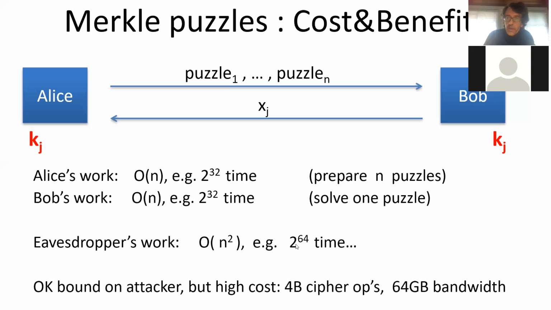Can I improve this so that I somehow rearrange this, or I repeat this, or I combine this in some other way, so that the work of the good guys is, say, cube root of the bad guy? Because this shows some non-trivial improvement between the work that the bad guy is forced to do and the good guys are doing.